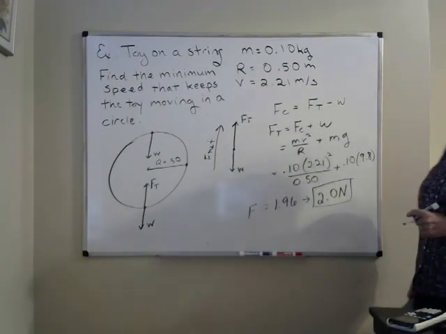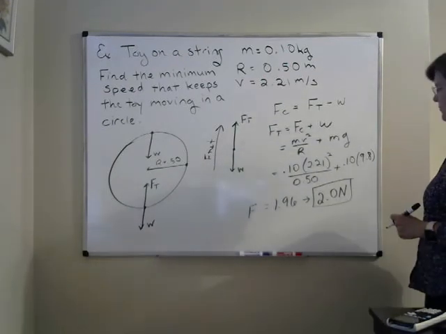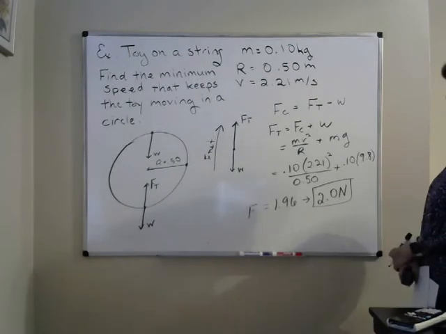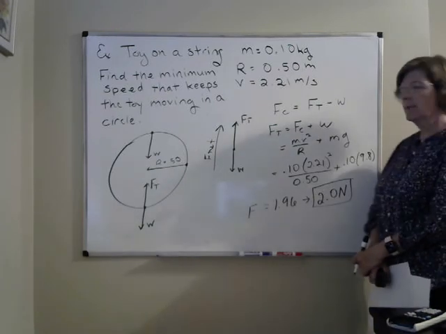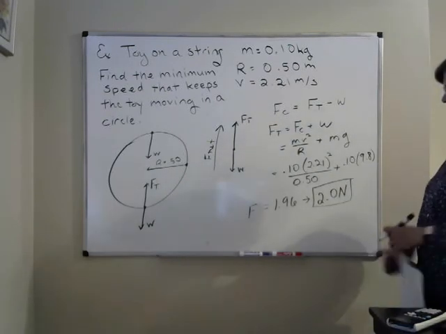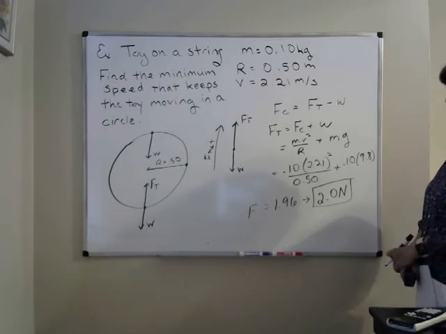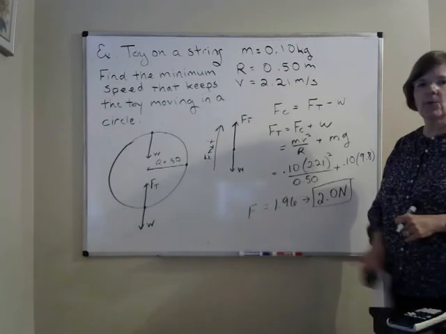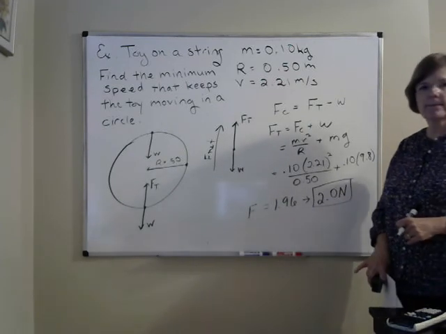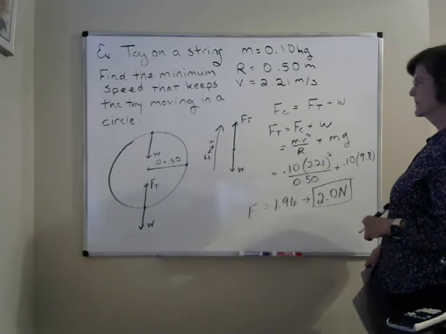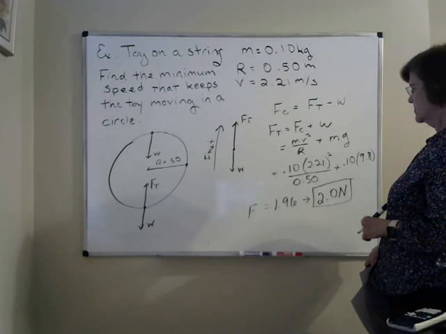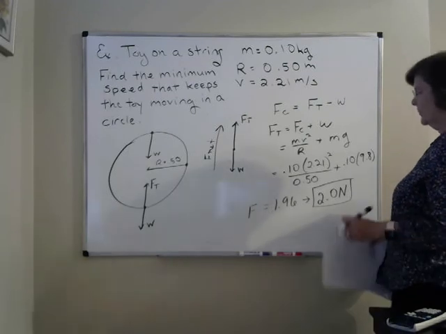I think in my notes I used 3 throughout the problem, but I decided I just wanted to use 2 in this example. So at the top, the tension in the string was 0, but at the bottom the tension in the string has to be equal to 2 newtons. Notice that's exactly double the weight. I believe. Yep, that's double the weight.